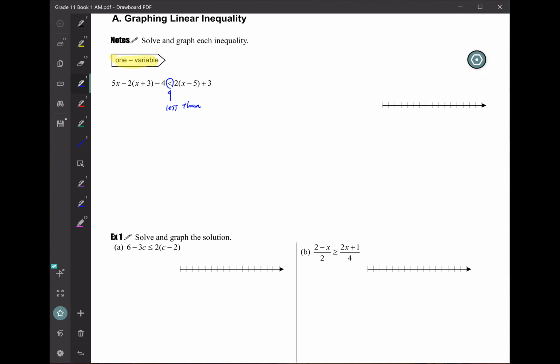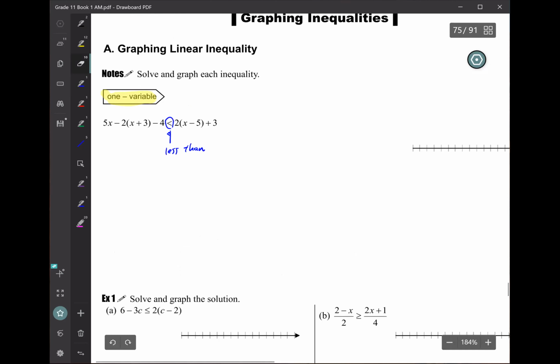Okay, so let's write it on the top: why flip inequality sign.